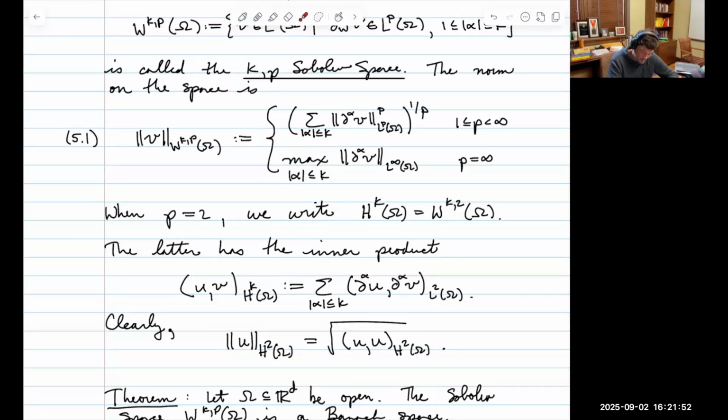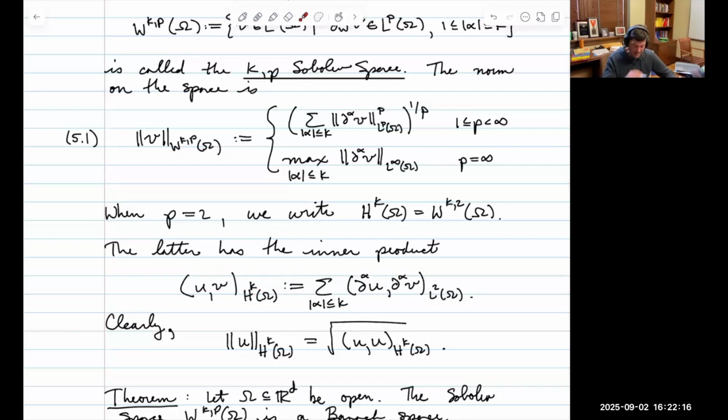And I've got typos everywhere. This is not H^2, but it's H^k. Right? k is the order of the derivatives that are allowed, and I'm going all the way up to the kth. Now, if I stop at k equals 2, that would be H^2 here. If I stop at 1, then that's H^1.